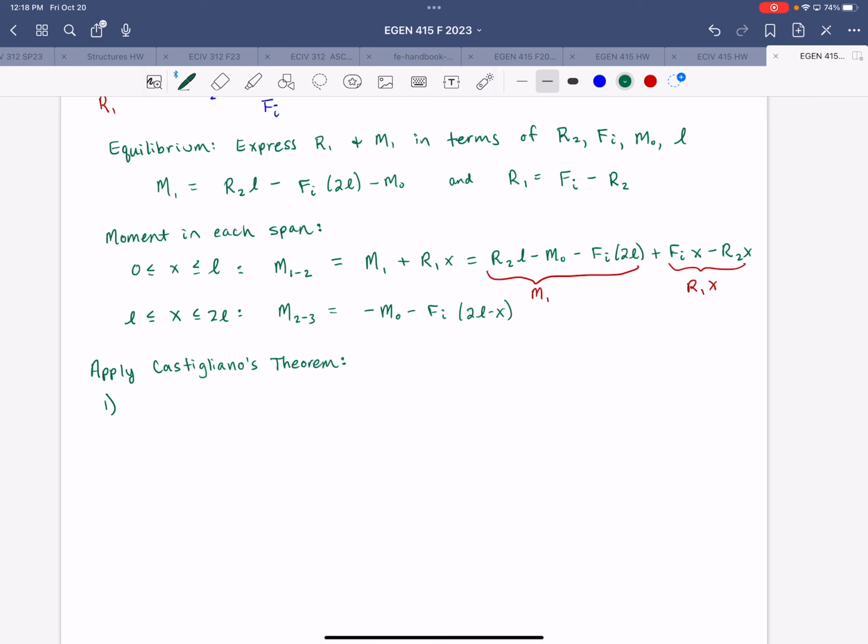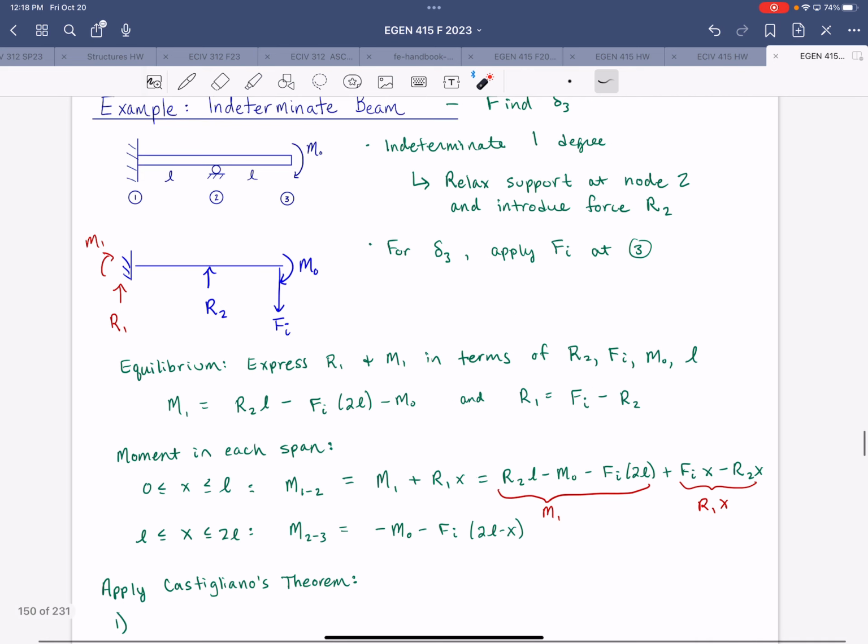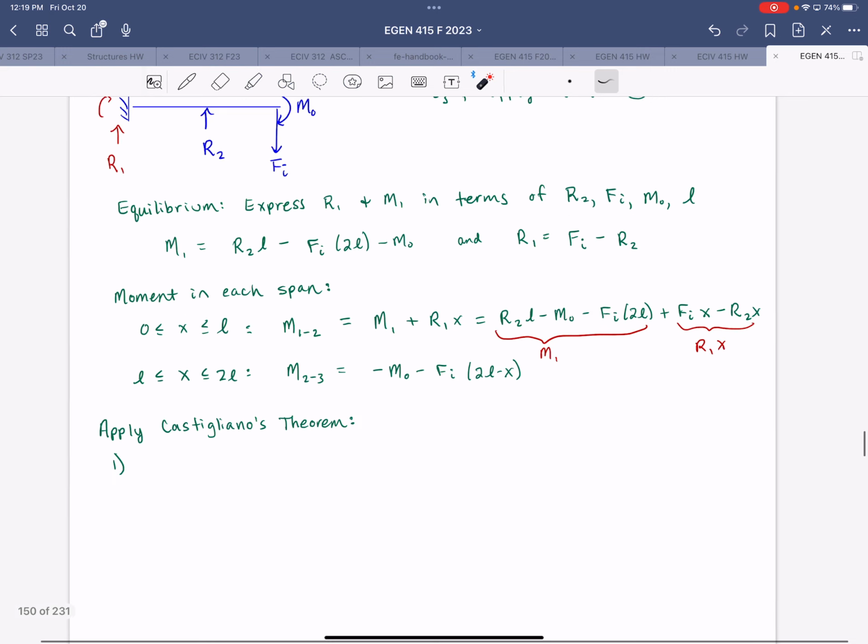In order to do this, we're going to use the knowledge that at node 2, there actually is a support, which means that the deflection at node 2 will be 0. So we're going to set up our Castigliano's expression for the deflection at node 2, set it equal to 0, and that will allow us to solve for R2 in terms of the actual applied moment.